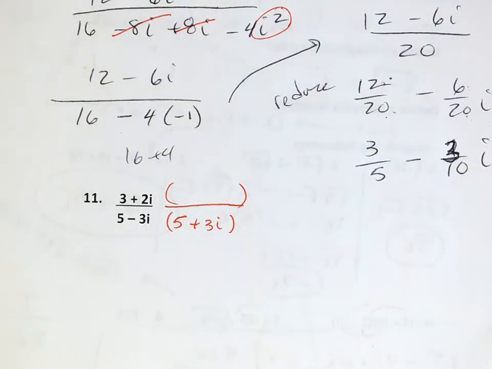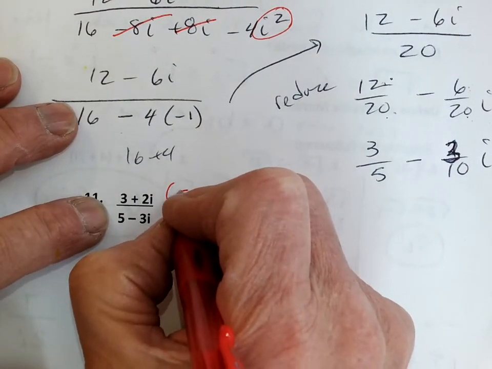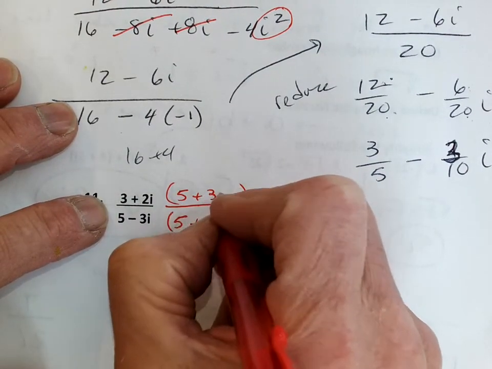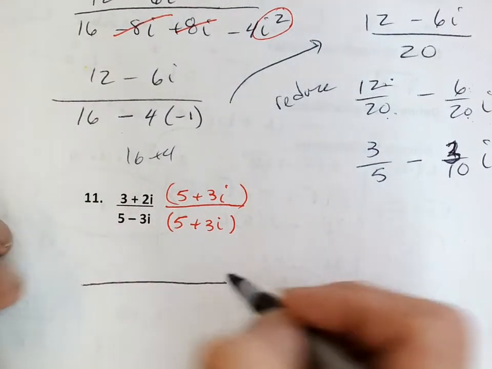That's the conjugate, okay? We multiply both top and bottom by the same because it's called the property of 1. It's a little bit bigger of a problem, but the same type, okay? Let's see how that works.